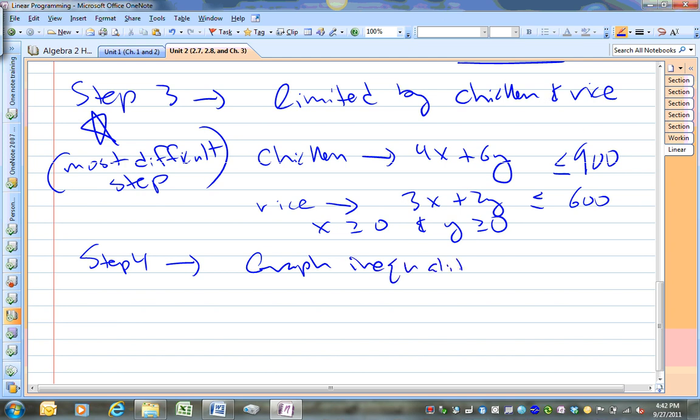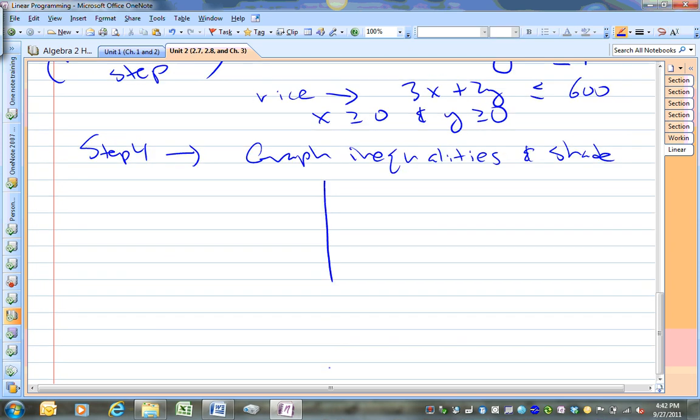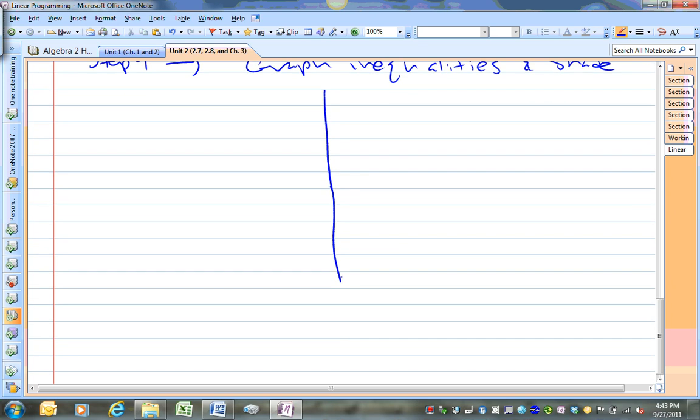As long as we stay under them or over them, whatever direction the inequality sign is, you've got to respect that. So graph inequalities and shade. This requires some stuff that we've done recently, so it's building upon what we already know. And this is going to be a little crazy because the numbers are pretty large.